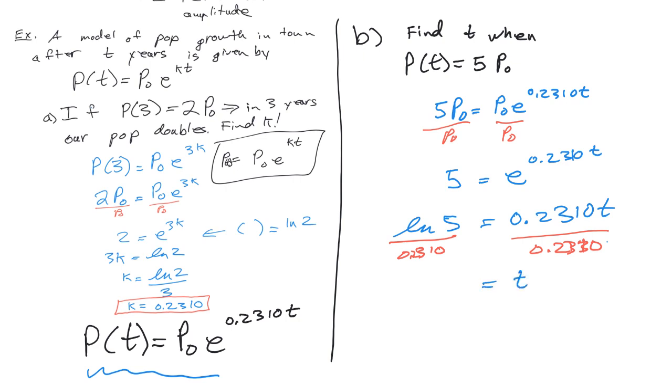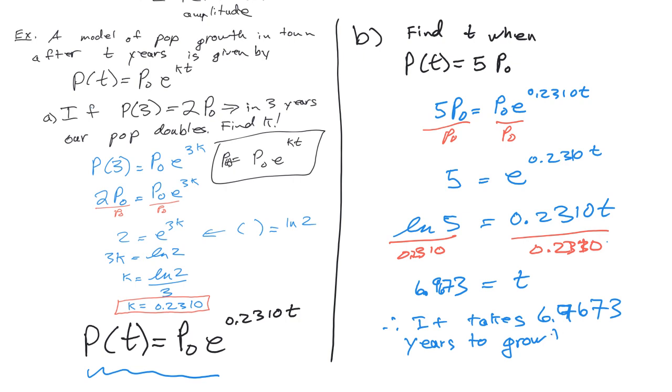And in this case, t is going to equal 6.9673 years to grow to 5 times. Okay, and that's it. We're done.